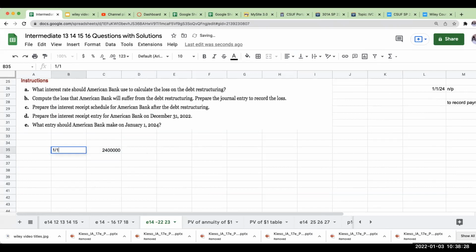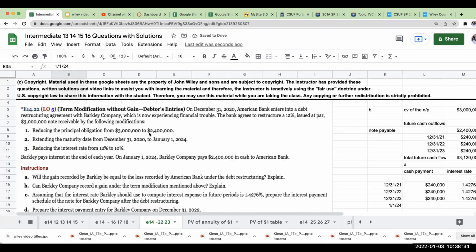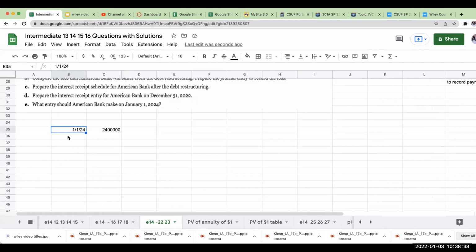They're going to be receiving this on 1/1/24, or 3 years from now. They're also going to be getting interest over the next 3 years. So this is going to be the principal, and then they're going to be getting interest payments.